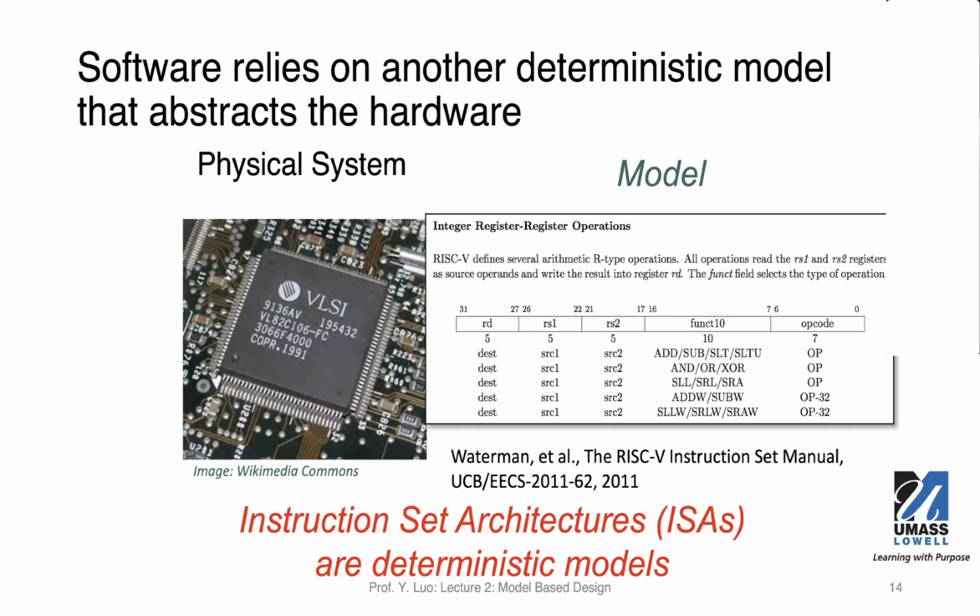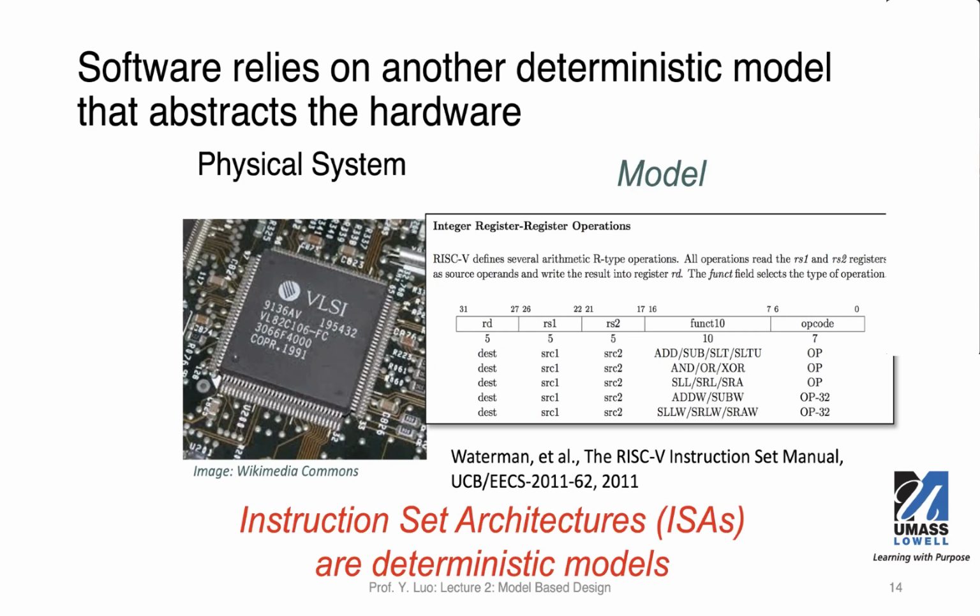Although it is true that the electrons move around non-deterministically at the atomic level, on top of that we have several layers of abstraction. This is the model at the instruction layer, the instruction set architectures, or ISAs.